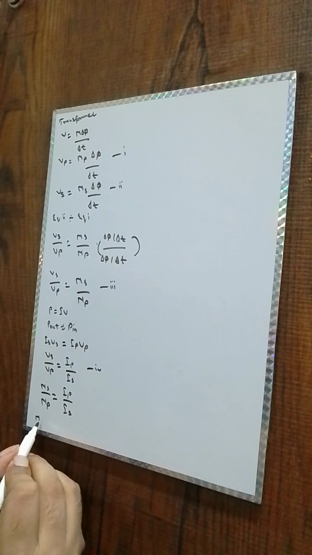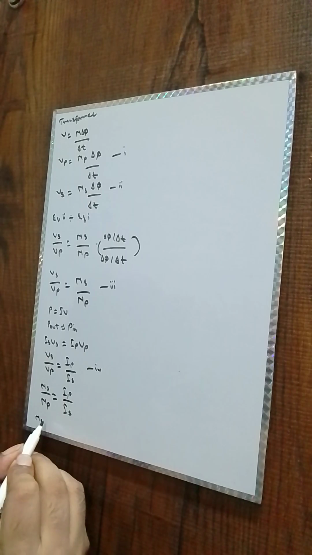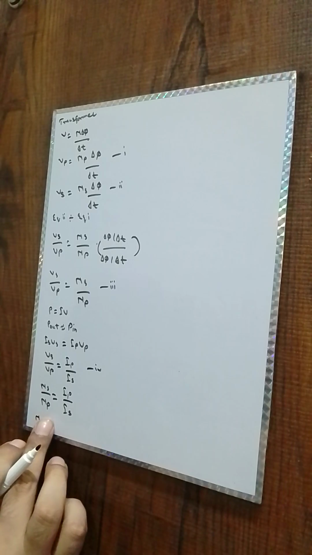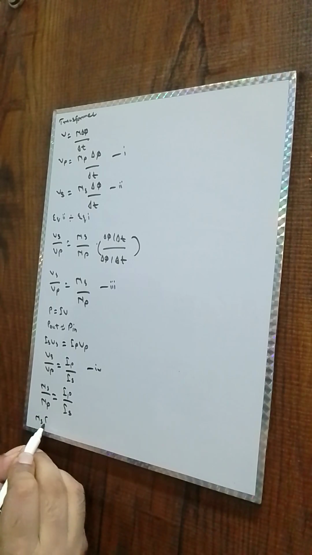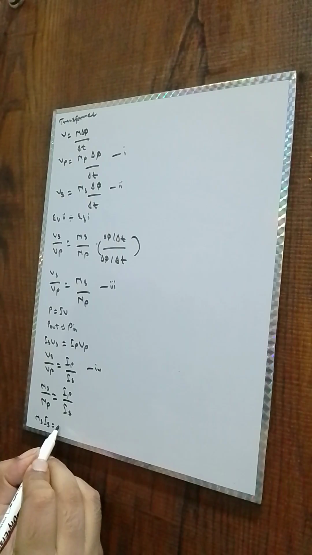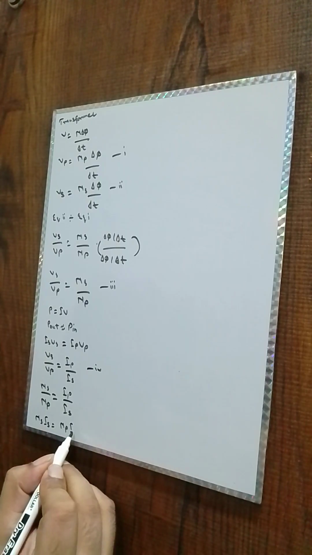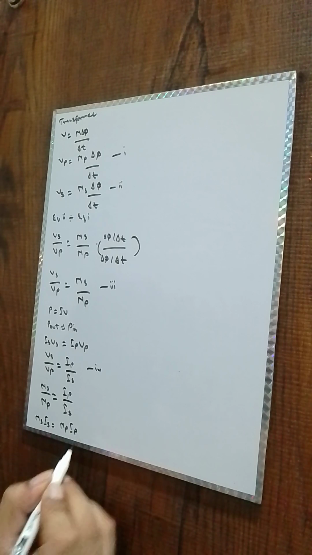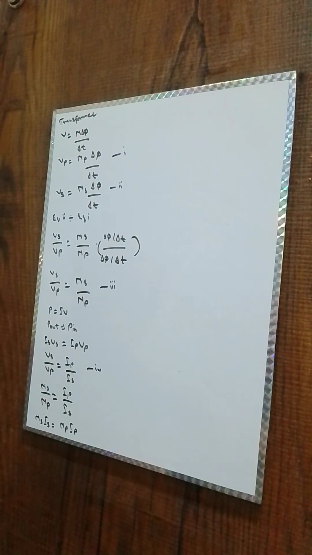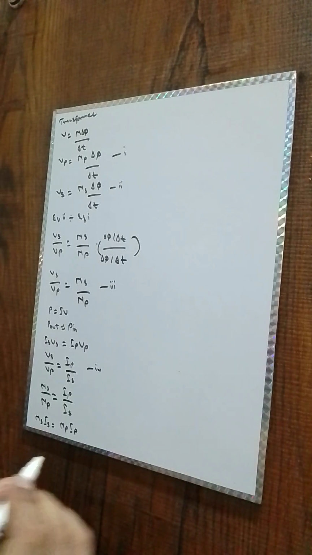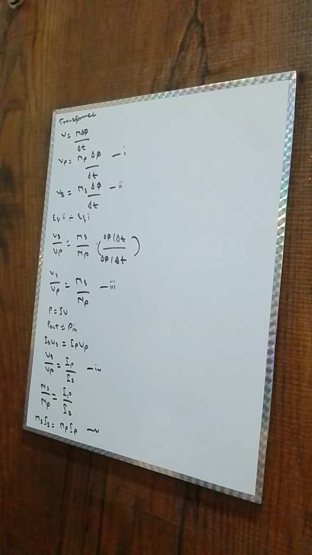Number of coils in the secondary section times the current in the secondary section is equal to number of coils in the primary section times the current in the primary section. So this can very much be used in situations of application.